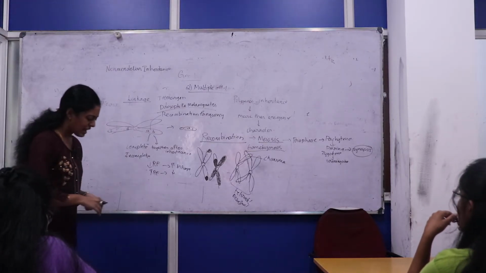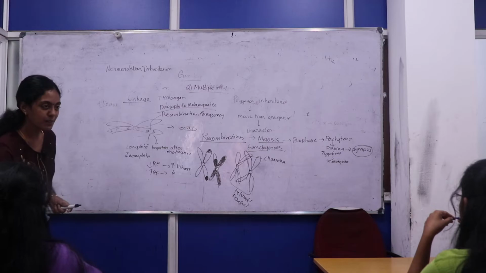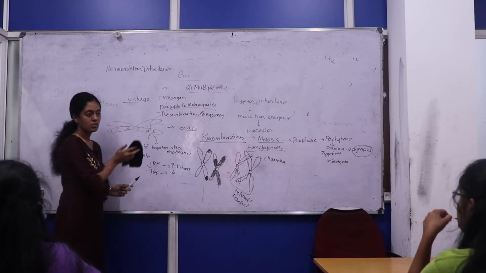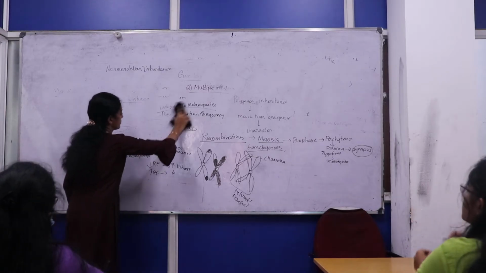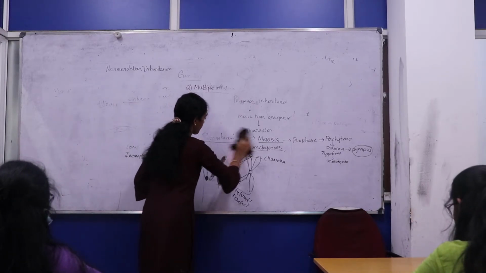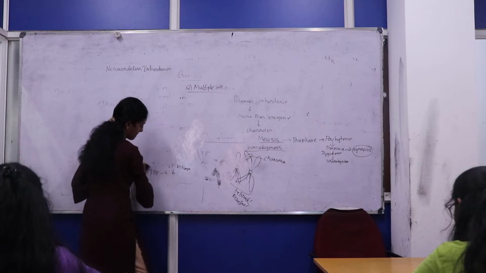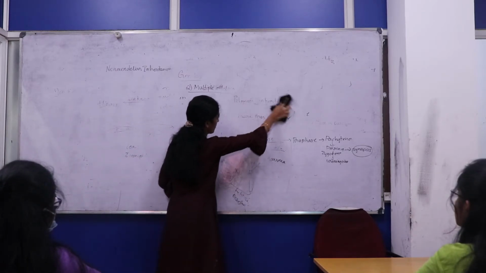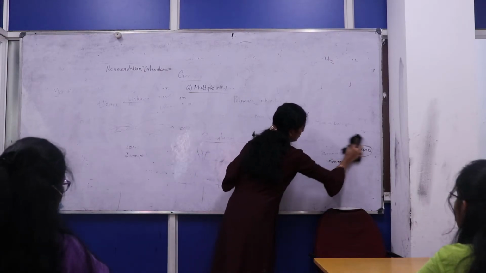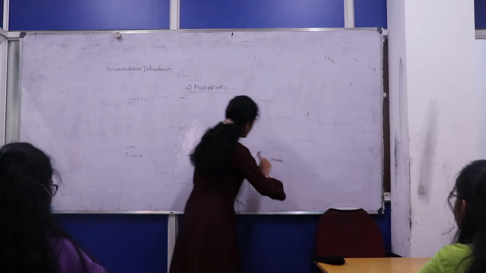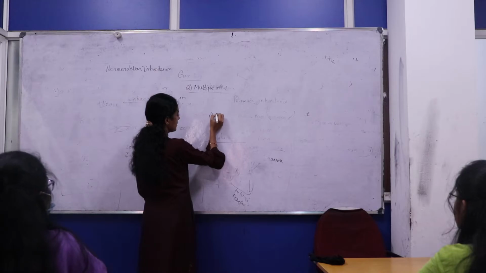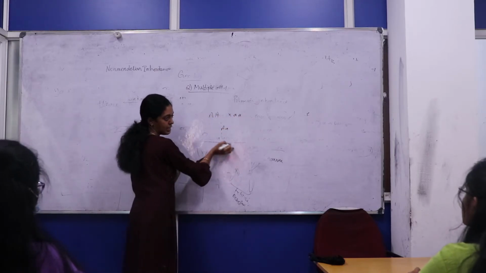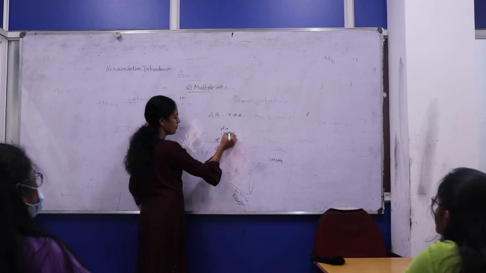What is parental type and what is recombinant type? Anyone has any idea? Everyone understood? Say for example, I will take a simple cross AA and AA. So the F1 will be A, right? Again, what will be the F2?